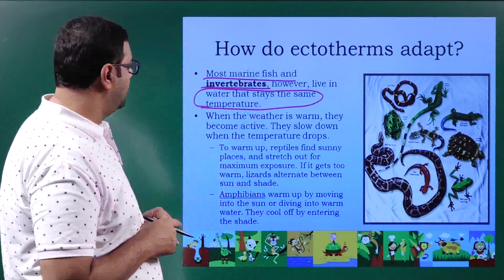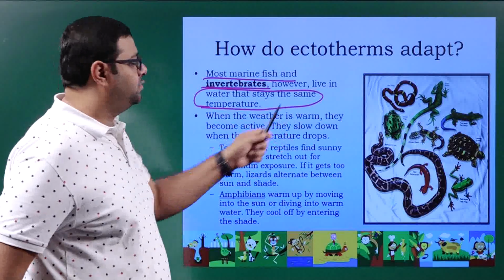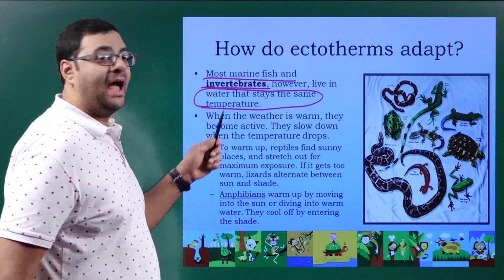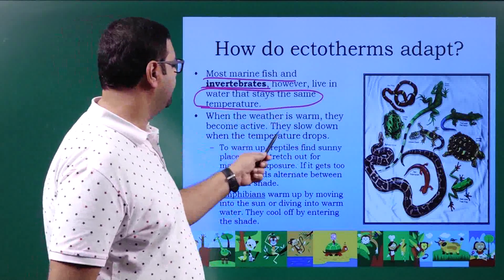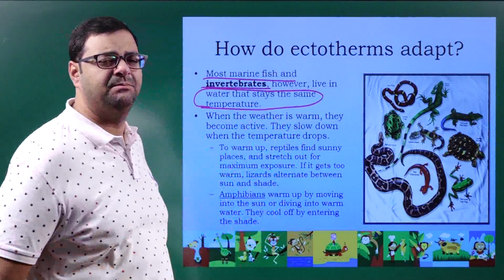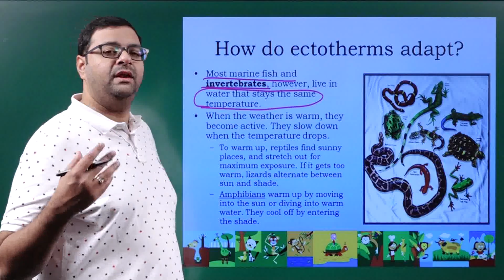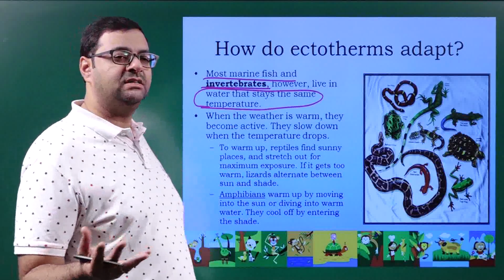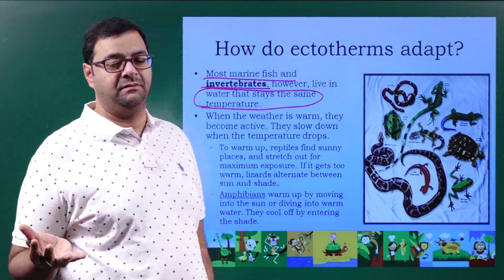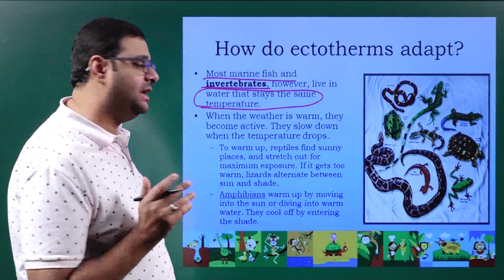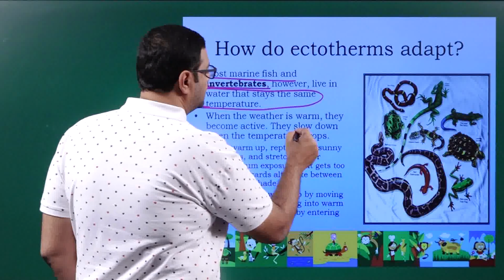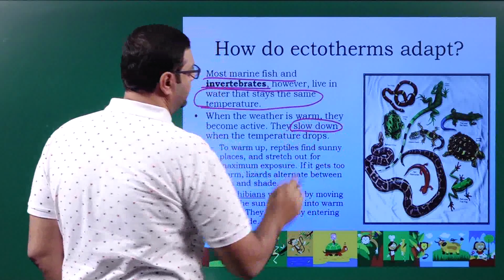Now, when the weather is warm, they become active. They slow down when the temperature drops. It's as simple as that, because when there is heat in their body, the organisms become very active. But if the temperature of the body is not cooperating, they become very lethargic and slow down their movements.